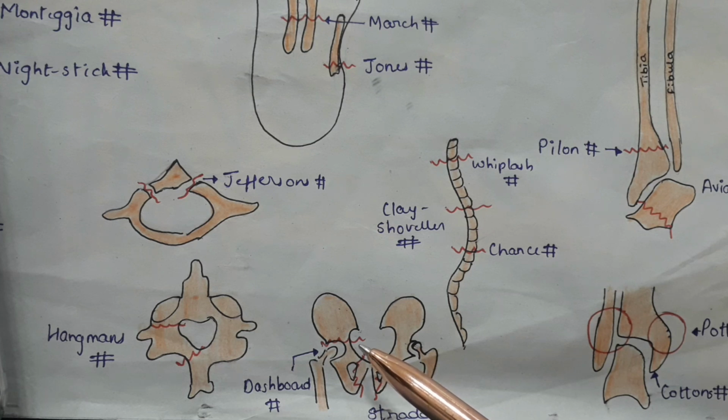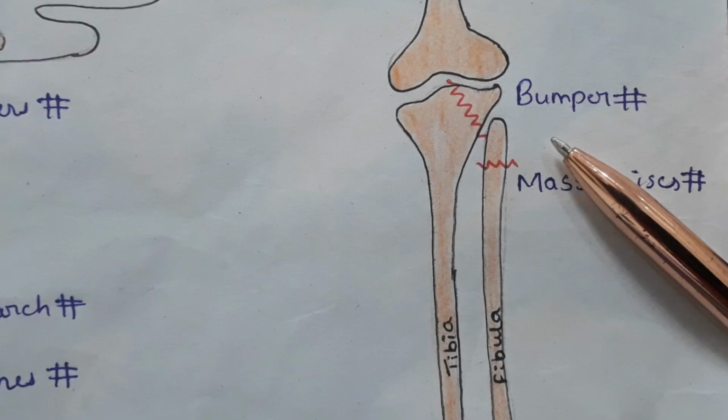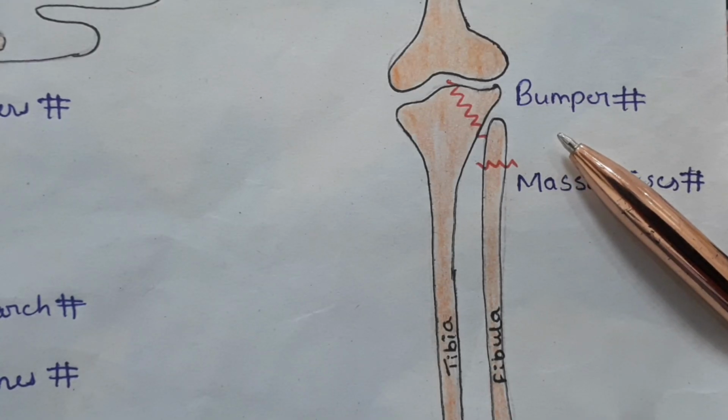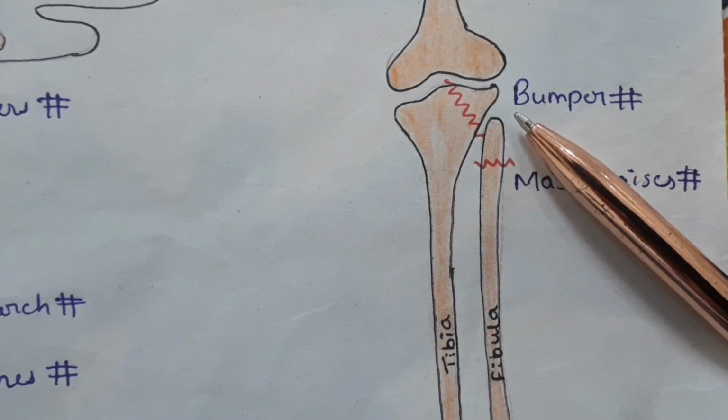Dashboard fracture is a fracture of the posterior lip of the acetabulum, often associated with posterior dislocation of the hip. Straddle fracture is a bilateral superior and inferior pubic rami fracture. Bumper fracture is a comminuted depressed fracture of the lateral condyle of the tibia.